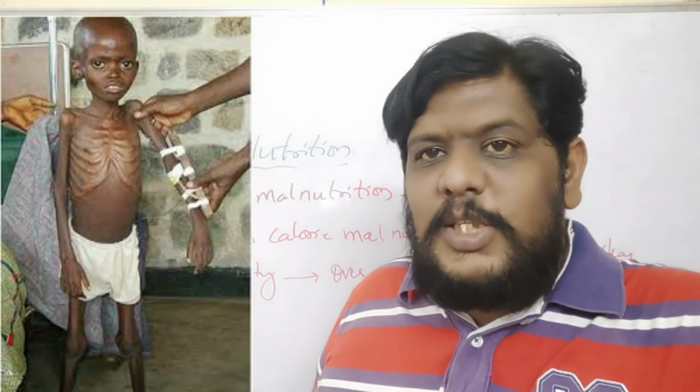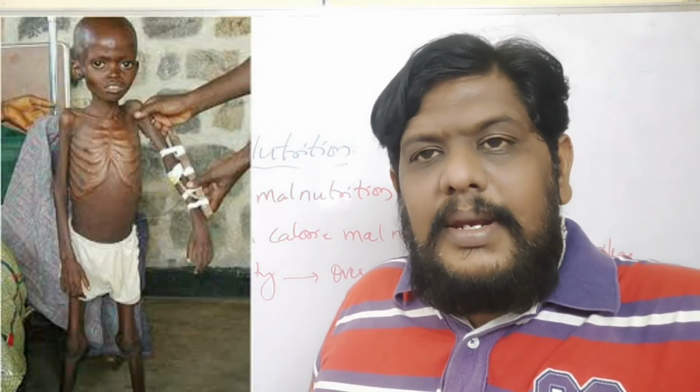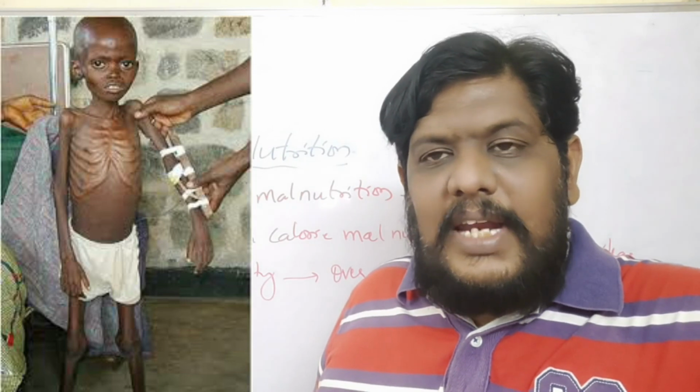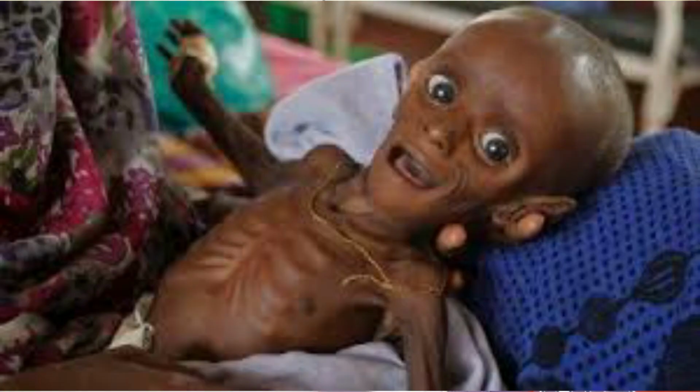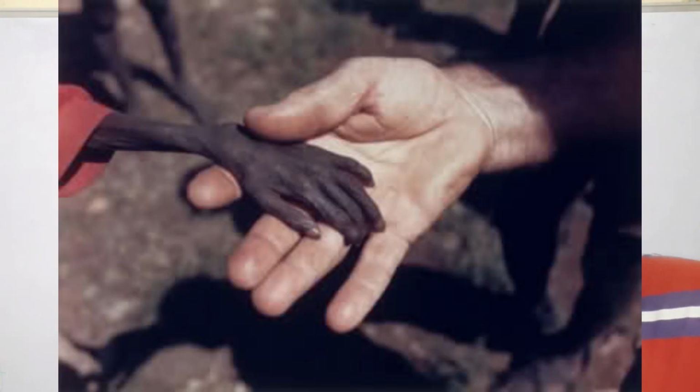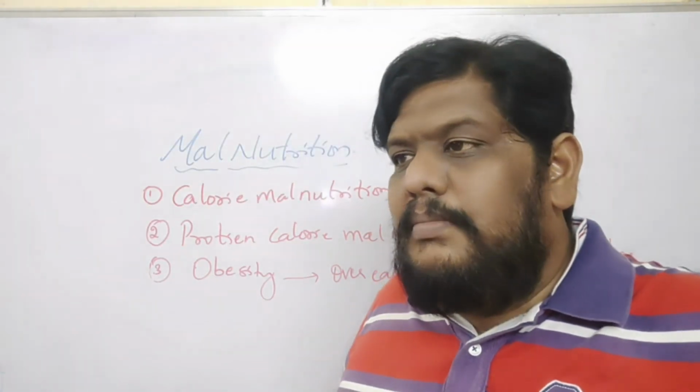If a child is born and very soon after 9 months another child is born, then this mother will not be able to give the child milk. This mother will not be able to take care of the child properly. So all these kinds of problems will be there, and that will lead to a problem called Marasmus.